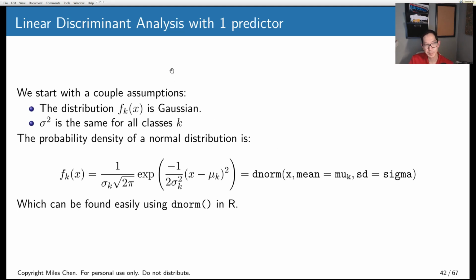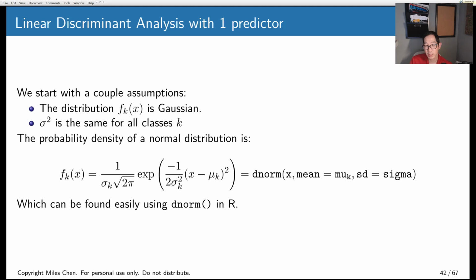Okay, so our PDF is going to be the normal distribution, which we calculate in R using the function dnorm. That gives us the PDF, and we give it our current X value, and we need to know the mean and the standard deviation.